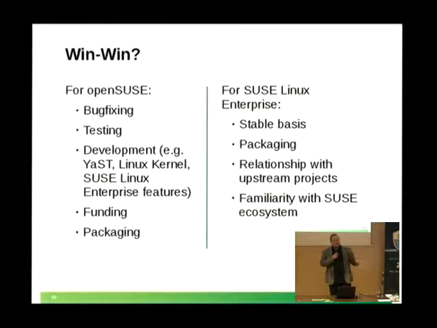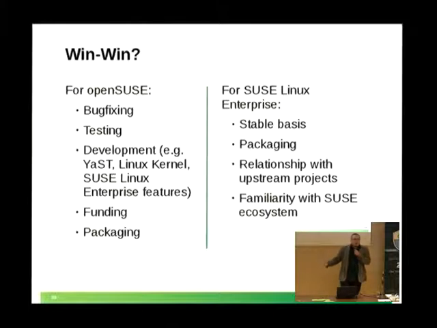I talked about Snapper, so SUSE Linux Enterprise features, but also YaST as the system management tool that we have. We provide funding for people to come to the openSUSE conference, for example. We sponsor the openSUSE conference. And we also employ a lot of people who are building packages for openSUSE.